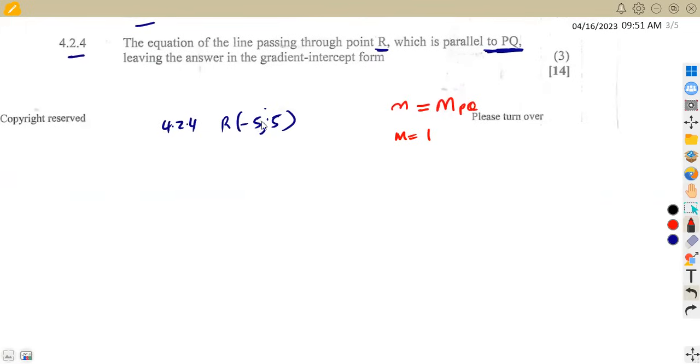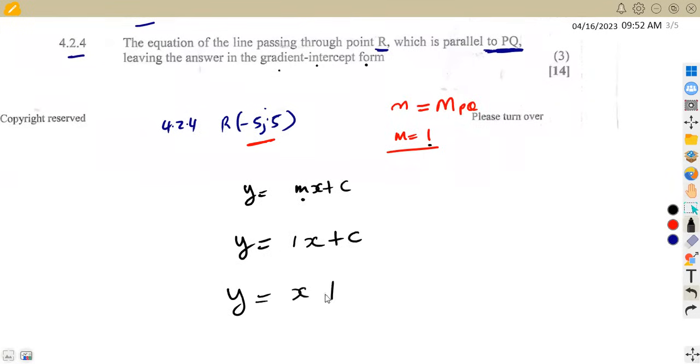Once you have the gradient and a point, it's enough for you to have an equation using which concept? y = mx + c. That is the gradient-intercept form. So y is equal to m, which is your gradient, which is 1. So this is 1x + c, of which 1x is the same as x. We can't just leave it like that. So now we need to find the value of c.